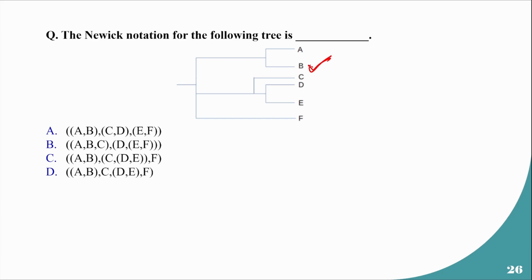Here, of course, you are seeing A and B together, and then there seems to be a common point here, where D and E are together. Those two units have a common point with C, and then C has a common point with A, and so on. So if you convert that to a Newick notation, what will be the notation for the Newick method?